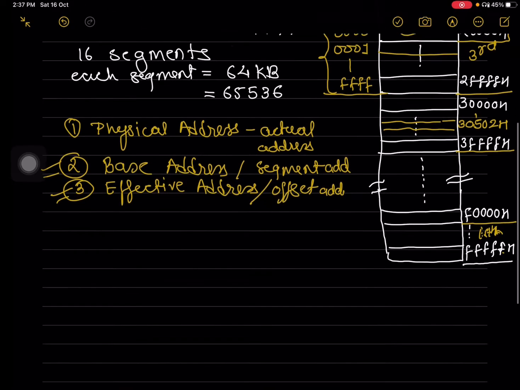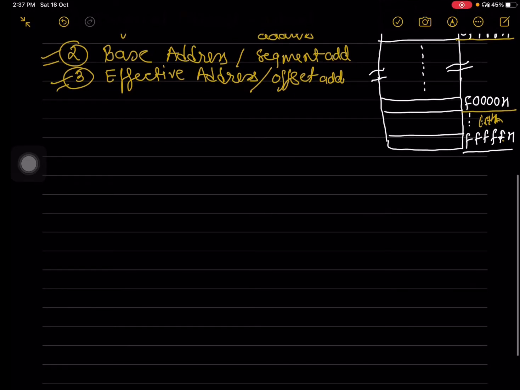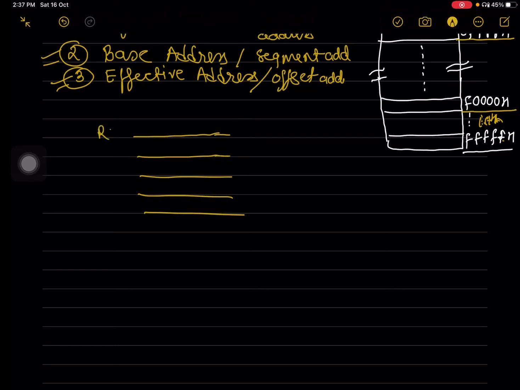The concept of base address and effective address can be understood by a simple example of a colony. For example, we have a colony in which there are 5 rows of houses and 5 columns. That means I have 5 rows in a colony with the row addresses R1, R2, R3, R4 and R5.